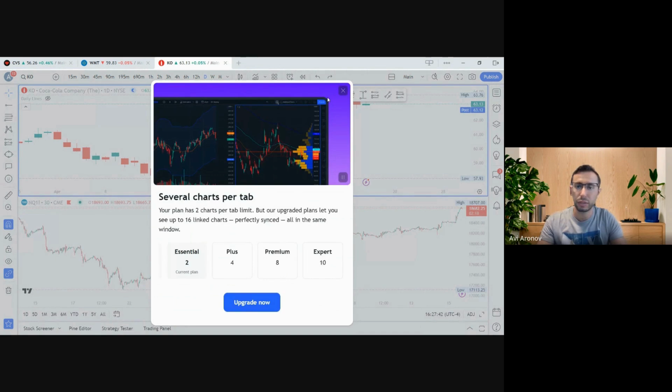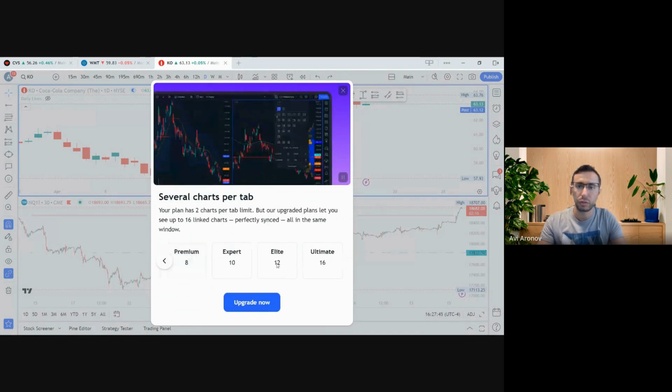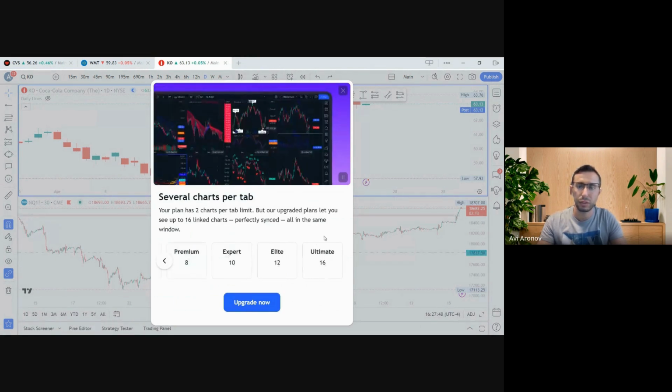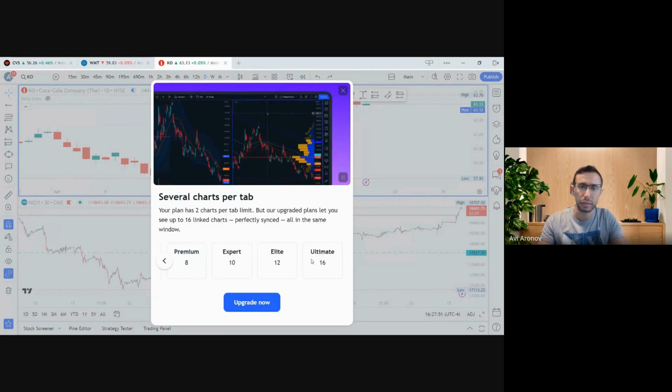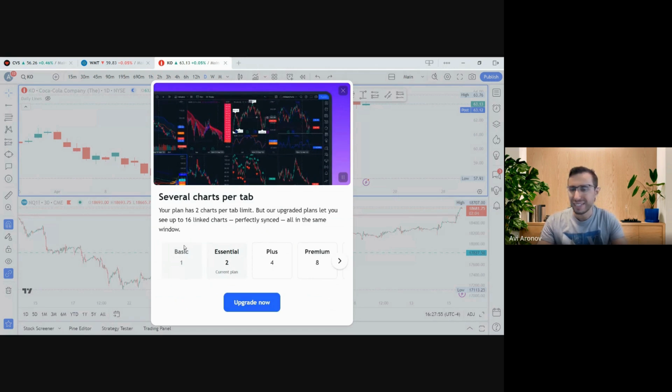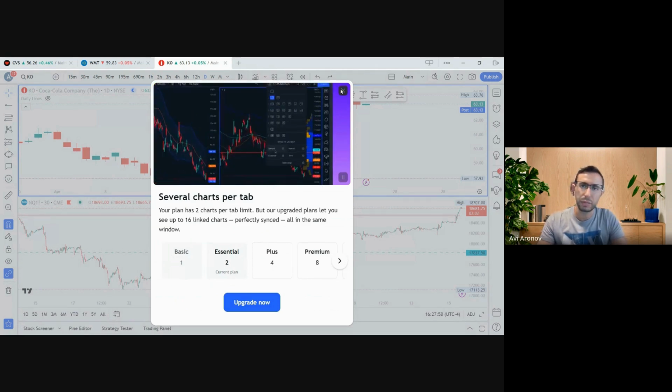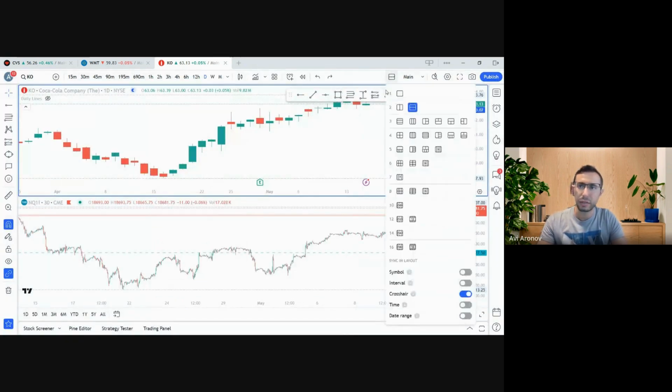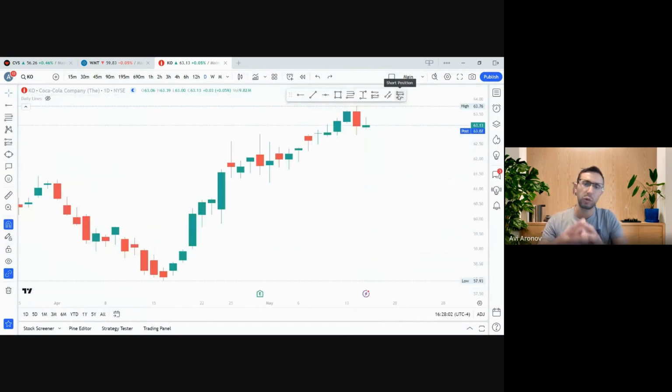And here it's actually coming out to tell you, if you want, you can go up to unlimited, which is the 16 charts, or you can go with the basic one. Honestly, it doesn't really matter, because at the beginning you will need to focus on one chart at a time, and as you become more advanced going towards more trading, you will need to put many charts, because you already have your levels that you will be looking at as a professional trader.